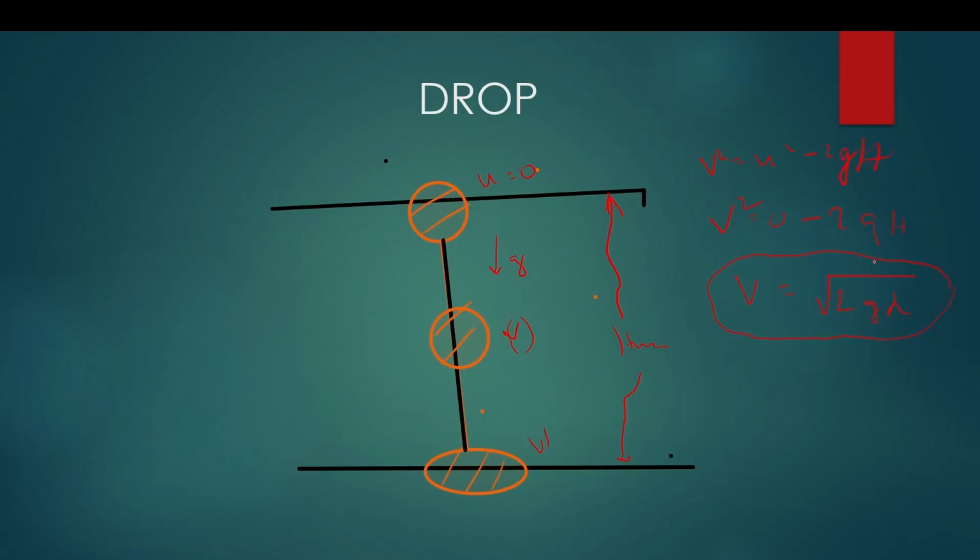We can also calculate the height. Suppose the height is h equals ut plus half at square. Now u is already 0, so h equals h max, the height of the drop, equal to half into minus g t square. Since height is always positive, we take half g t square as the height.